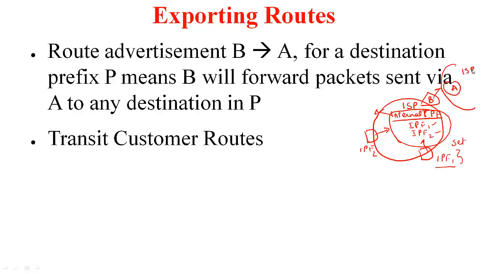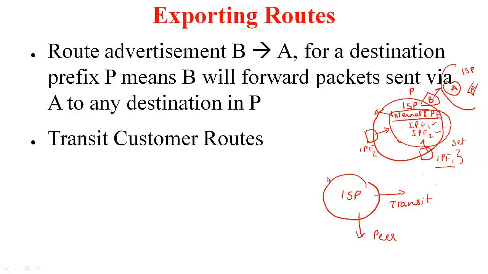Now if B were to advertise a given IP prefix, say P, it is basically telling A that if you send me a packet with the destination as P, I will deliver that packet to the intended destination. So that is the service B is providing to A. If you don't want to provide a certain service, you should ensure that you do not advertise the prefixes to this router A. So this will become clear as we proceed further.